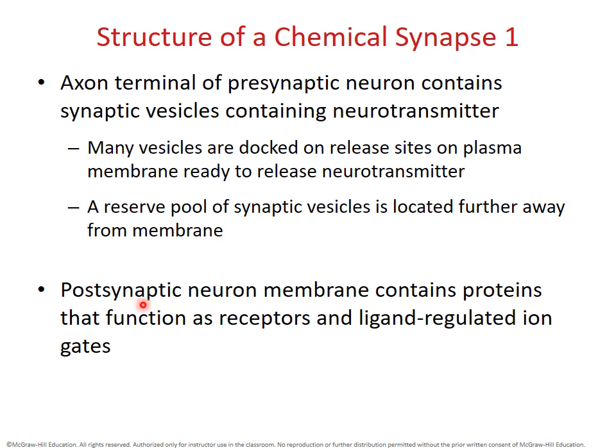Remember, the postsynaptic membrane, like the motor end plate of the muscle cell, but in this case the postsynaptic neuron membrane, contains membrane-embedded proteins that function as receptor molecules. And remember, these receptors are often chemically gated channels. Your book calls these ligand regulated ion gates. I call them chemically regulated ion gates that usually either open or close in response to binding by the neurotransmitter.